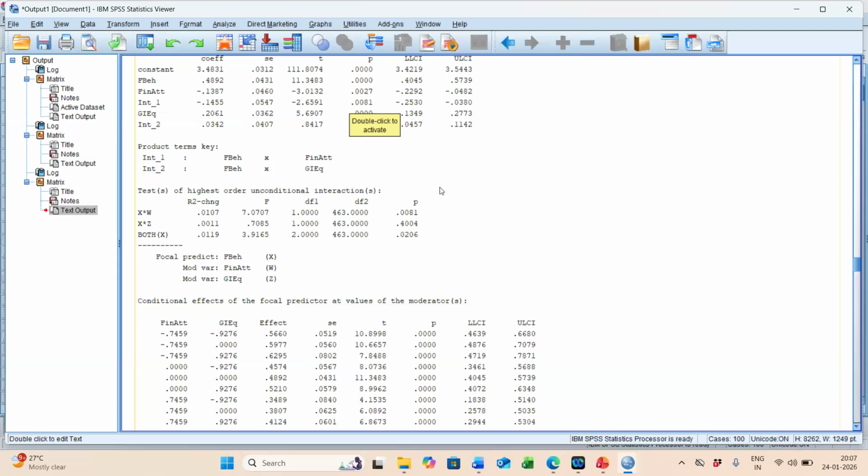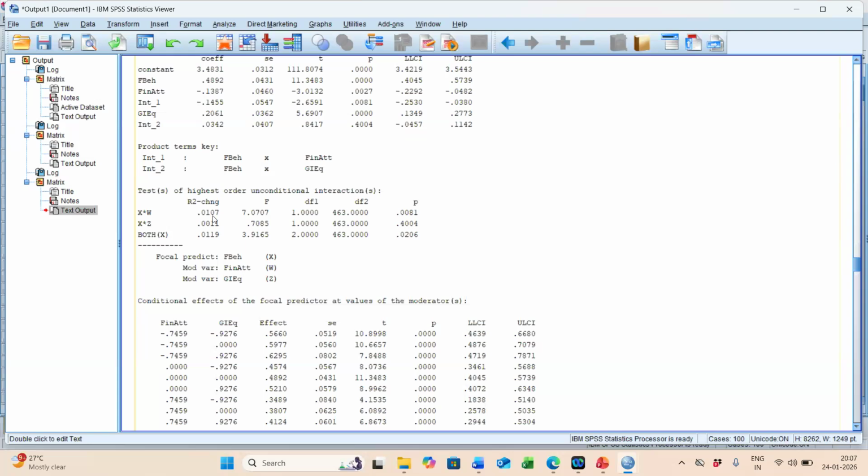You don't want to bother about it. Higher order unconditional interactions, R-square change. That is the moderation of financial behavior with financial attitude.